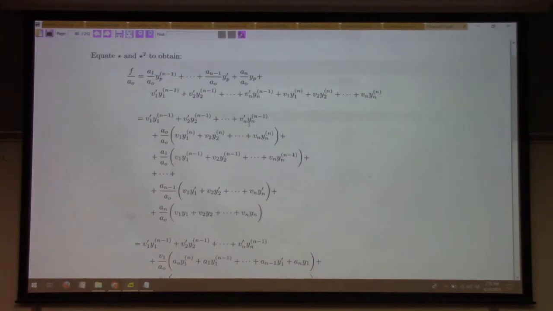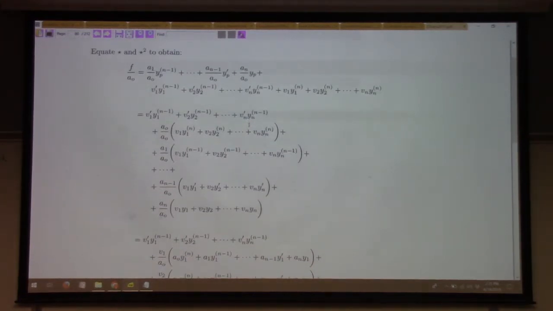But anyway, you keep doing this, and eventually you plug the solution into the differential equation, and we have to eventually obtain that forcing term f by plugging in y_p prime, y_p double prime, y_p triple prime, and so forth. But actually it's not that bad.